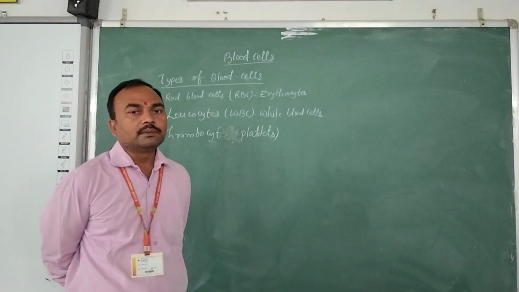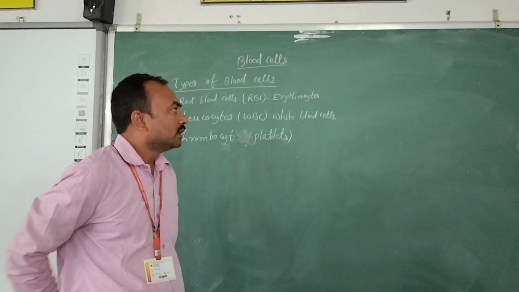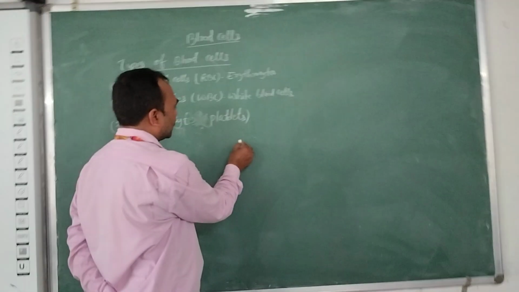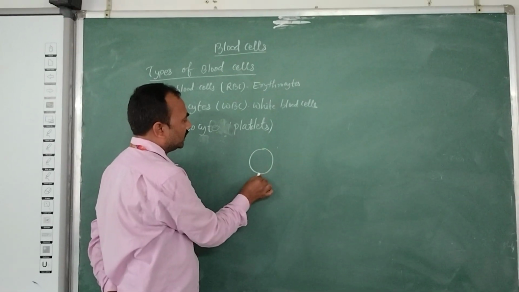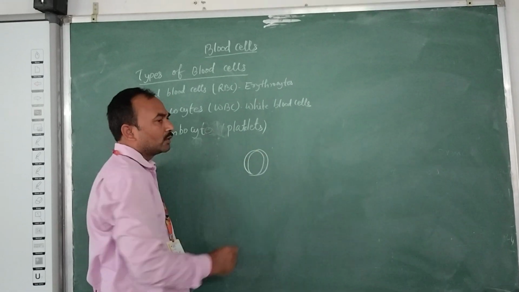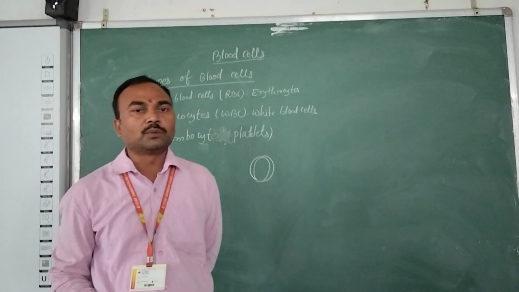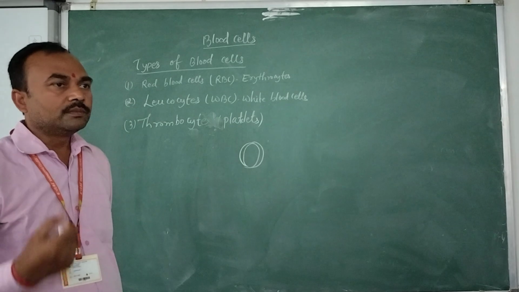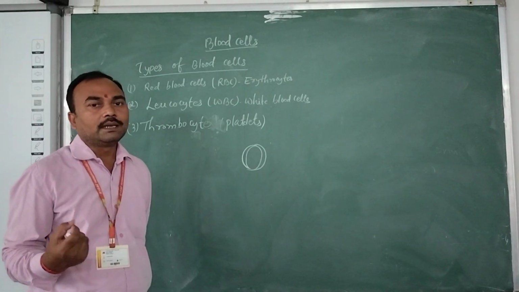RBC does not have any nucleus. Their cytoplasm has only hemoglobin, which gives them the red color.